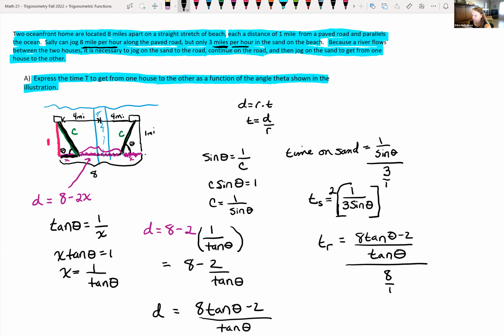Think of it as 8 over 1. Now let's invert and multiply. So the time on the road is equal to 8 tangent theta minus 2 all over 8 tangent theta.